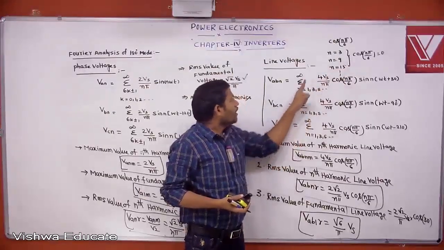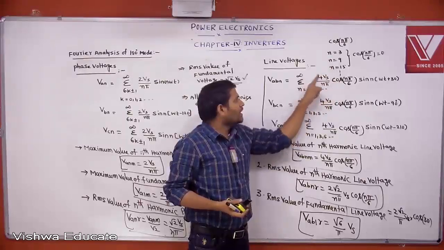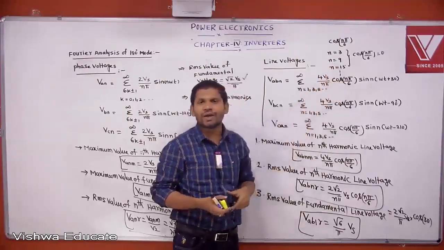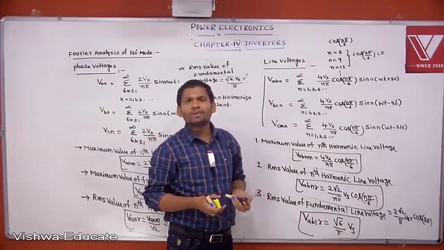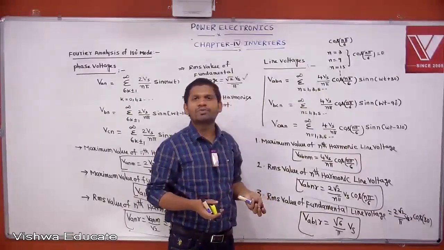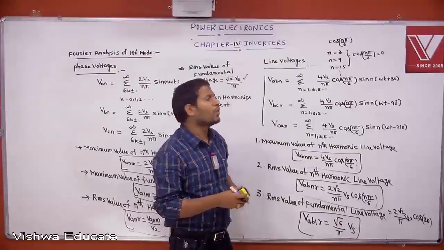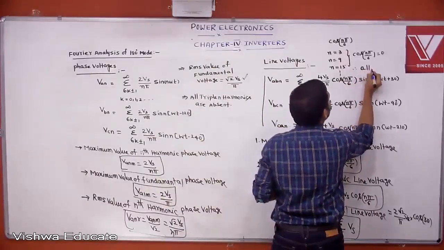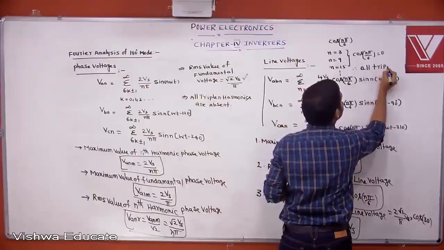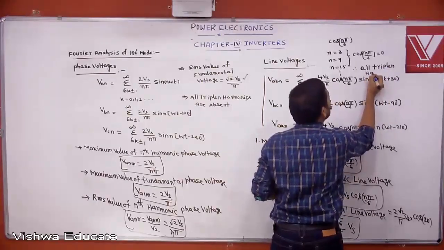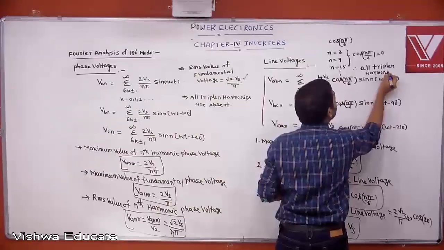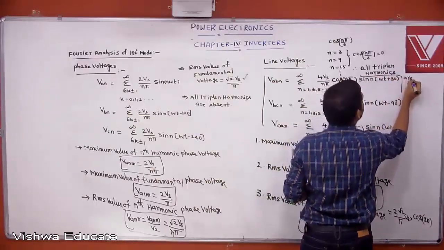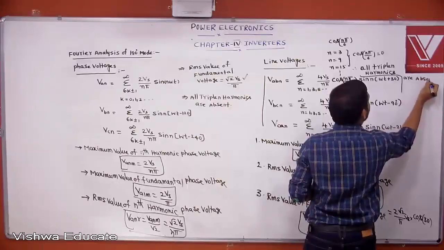Then for n equal 3, this total value is 0. For n equal 9, this total value is 0. For n equal 15, this total value is 0. That's why we don't have any voltage due to third harmonic, ninth harmonic, 15th harmonic. Therefore, all triplen harmonics are absent.